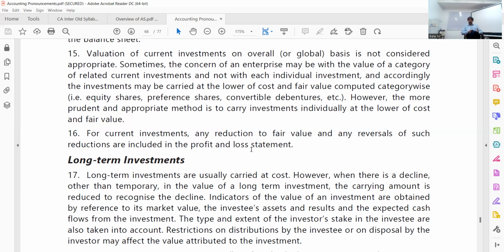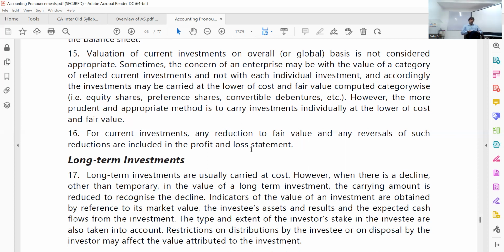Not possible. A donkey is a donkey. So the value of an investment purely depends on the financial position, other assets, the financial performance, the profit or loss, or the results of the investee, and also how much you expect from your investment in the form of dividends on your shares. Understood? If they are in trouble, you will not get any dividends at all, right? They don't even have the money to pay dividends to holders.